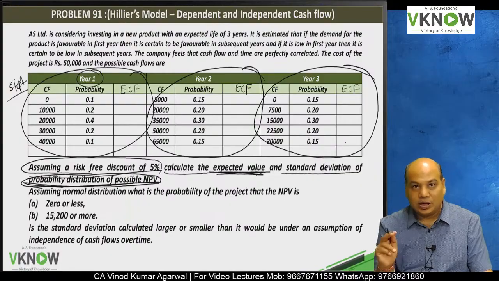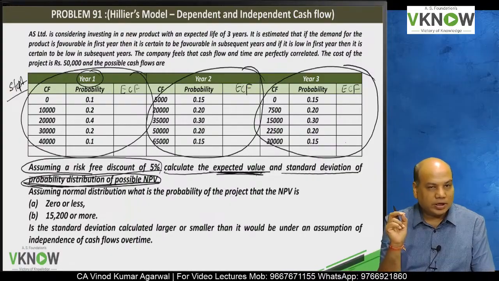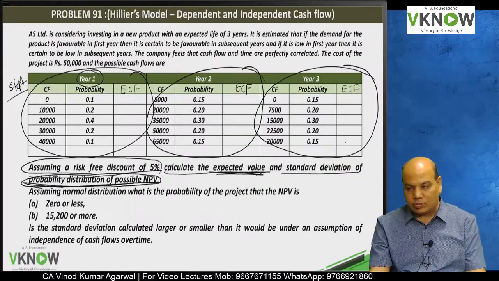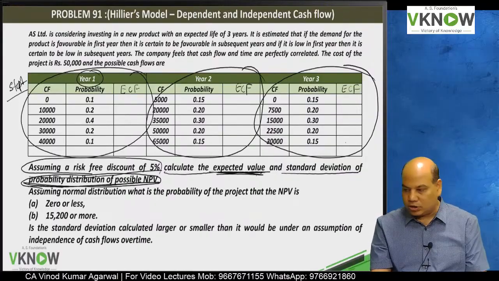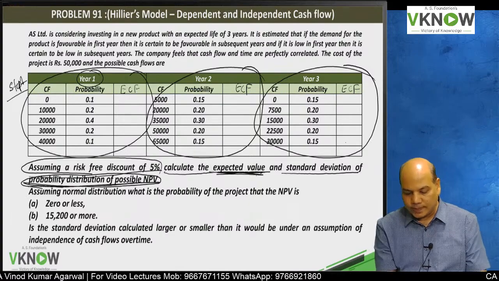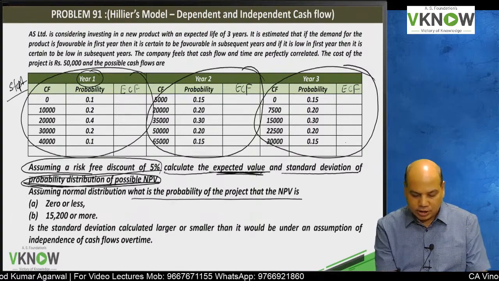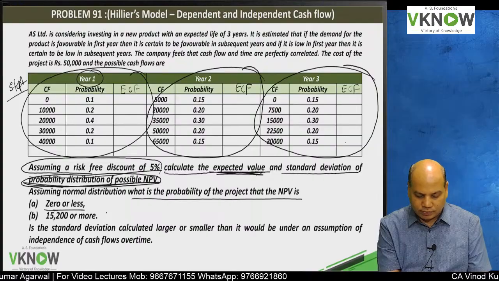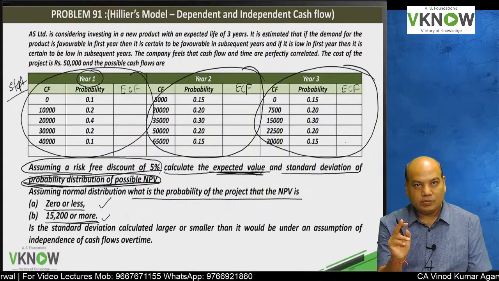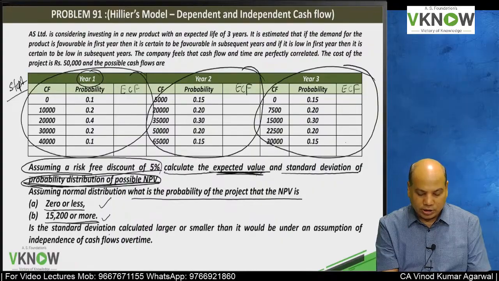I will have to apply Hillier model under dependent cash flow assumption. Next is assuming normal distribution, what is the probability that NPV is 0 or less? 15,200 or more. Again we have to apply normal distribution table here.